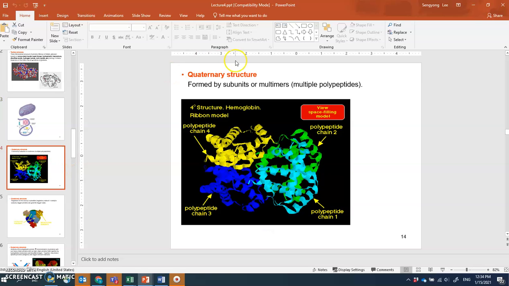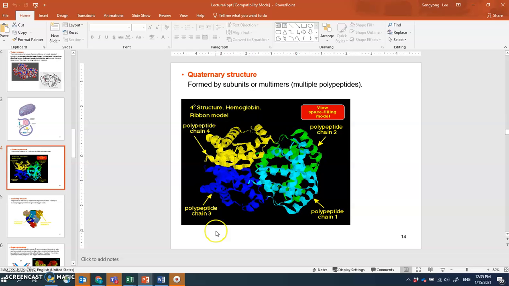And finally, the quaternary structure is possible if your protein is huge and made up of multiple small polypeptides. So if your protein has subunits or multimers, meaning multiple proteins come together making a big functional protein, that's what quaternary structure is. Each subunit is actually a single polypeptide.